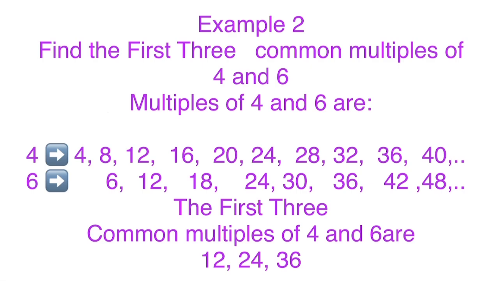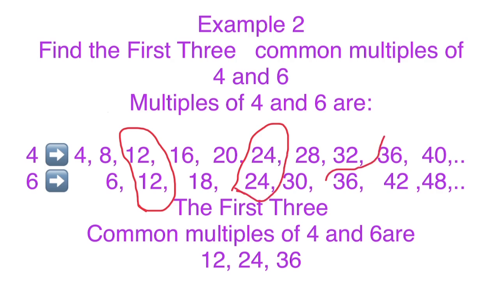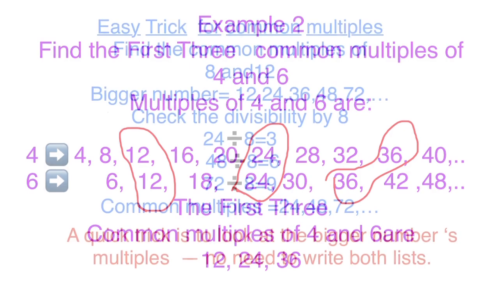Now look which numbers are appearing in both lists. 12, 24, 36. So the first three common multiples of 4 and 6 are 12, 24 and 36.